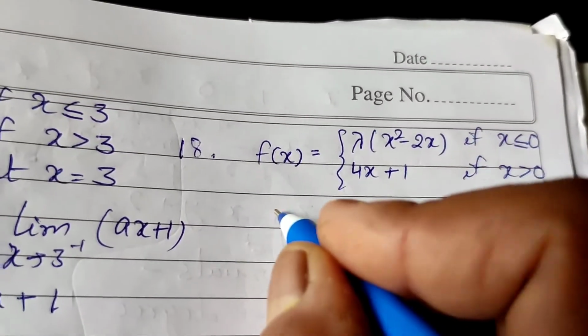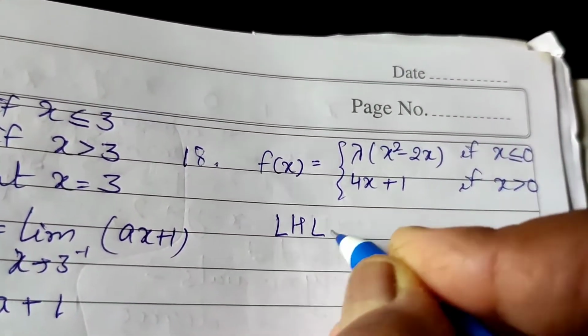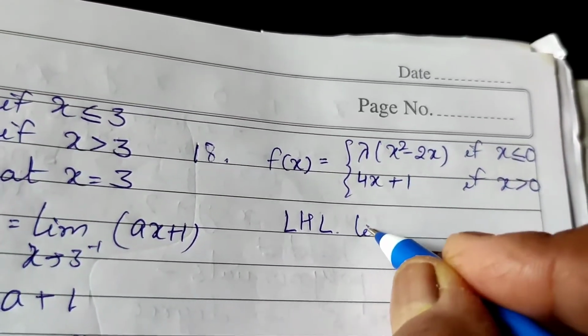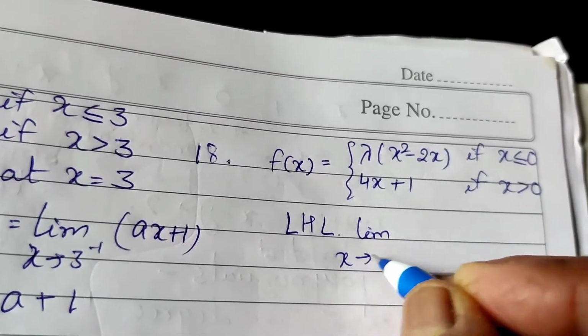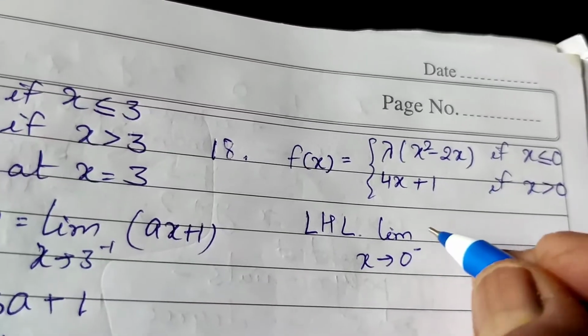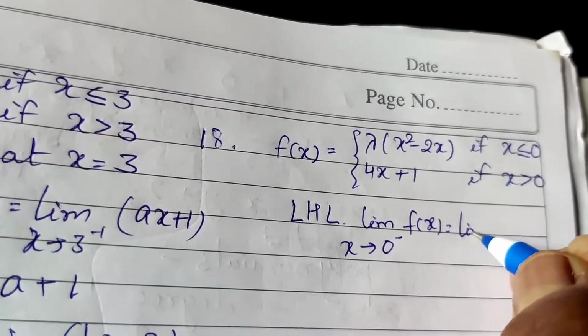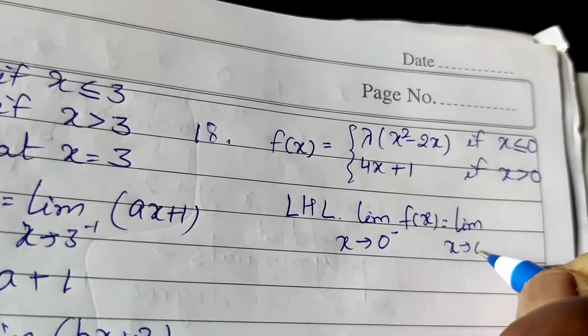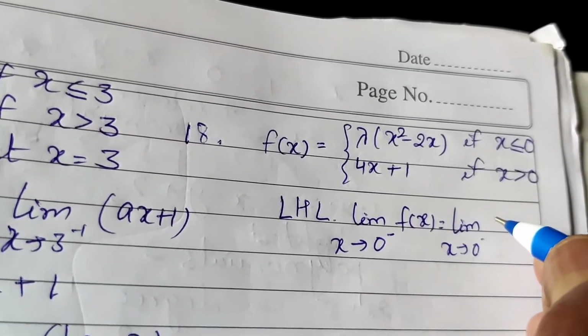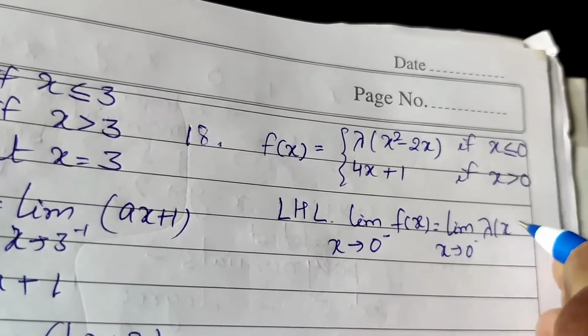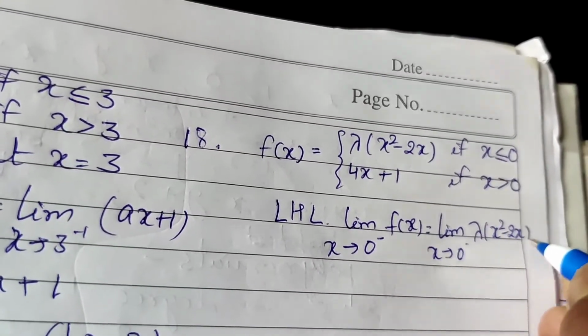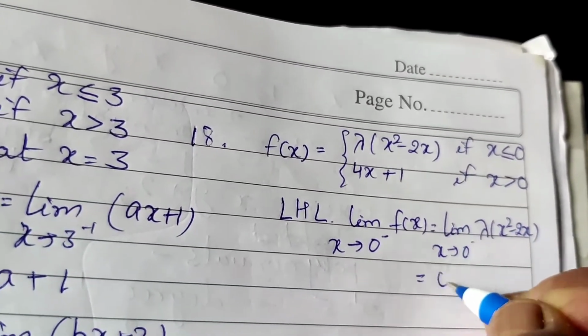Now check the left hand limit, limit x tends to less than 0 of lambda x square minus 2x. This will be equal to 0.